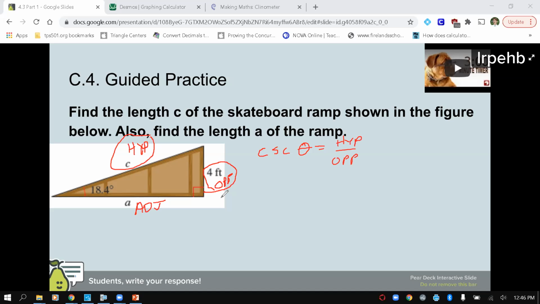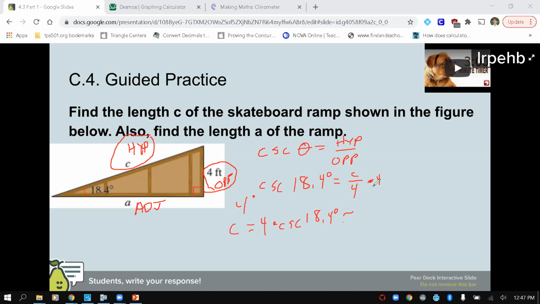So for our problem, we would have the cosecant of 18.4 degrees is equal to C over 4. To solve this for C, instead of dividing by 4, I would multiply both sides by 4 to get C is equal to 4 times the cosecant of 18.4 degrees.